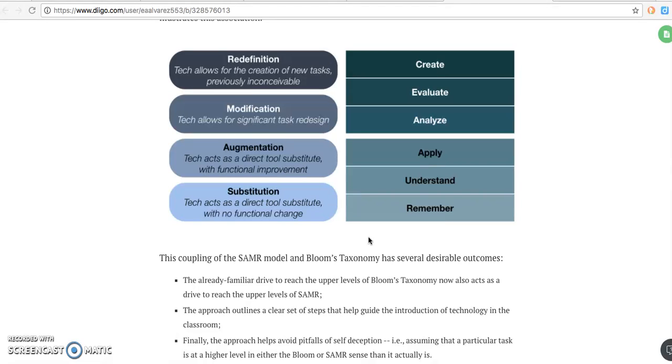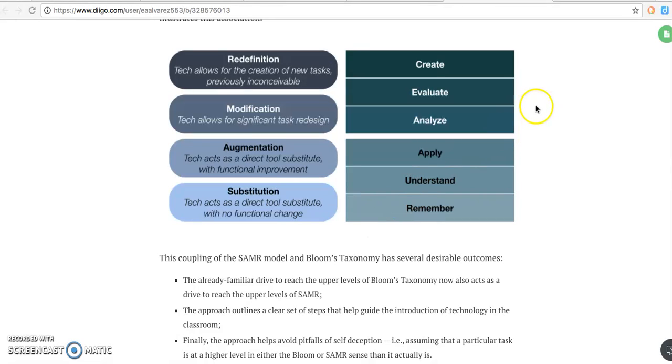So earlier this week, I looked specifically at Quizlet, and that is more of the augmentation stage because I'm taking flashcards and making them digital, and there's a component of it that is functionally improving the outcome for students. So that looks at the apply stage of Bloom's.